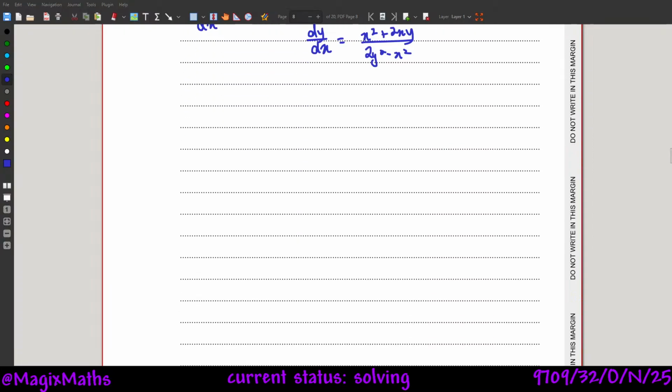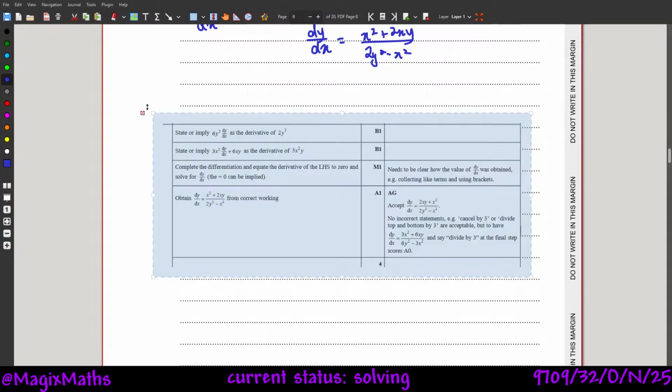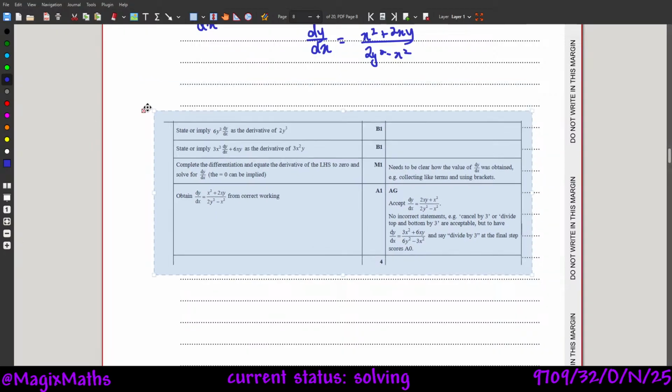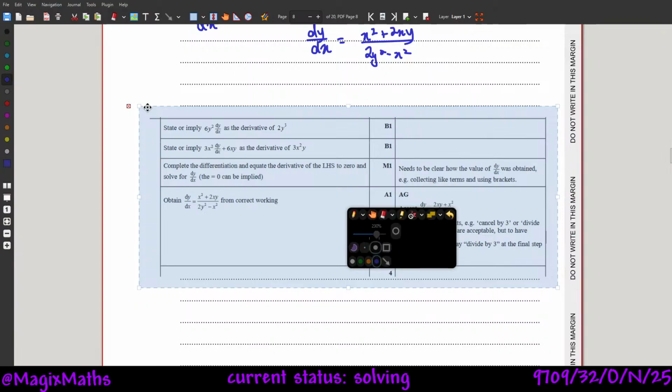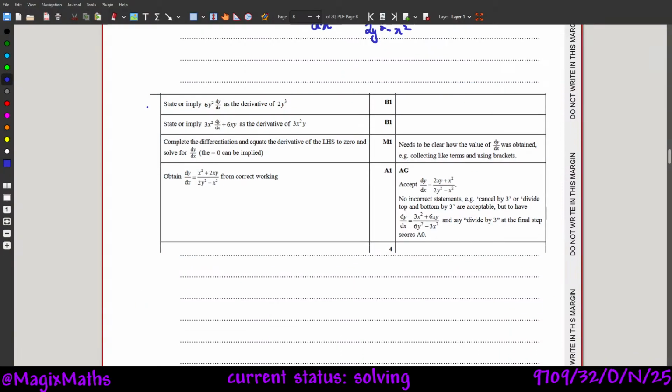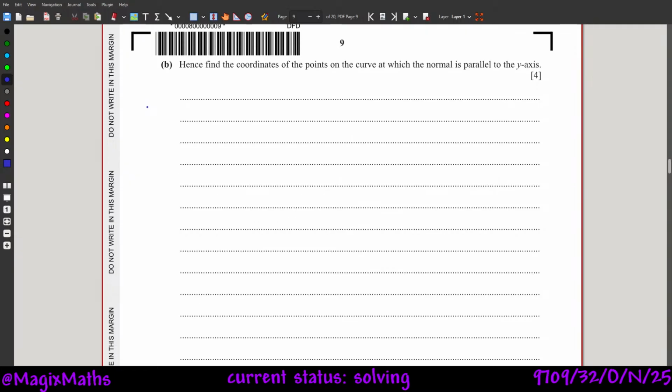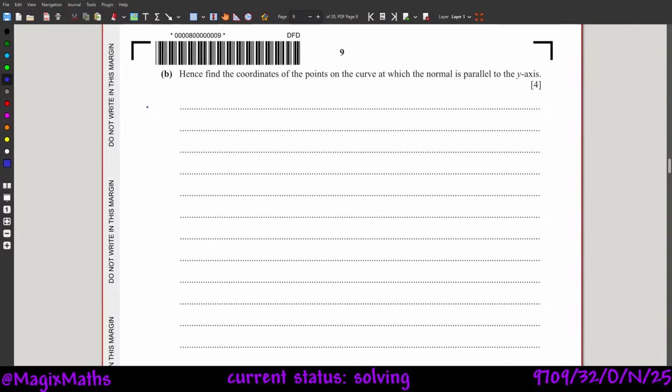Taking a look at the answer, yep. So hence find the coordinates of the points on the curve at which the normal is parallel to the y-axis.